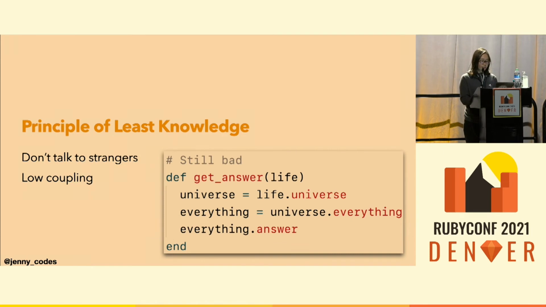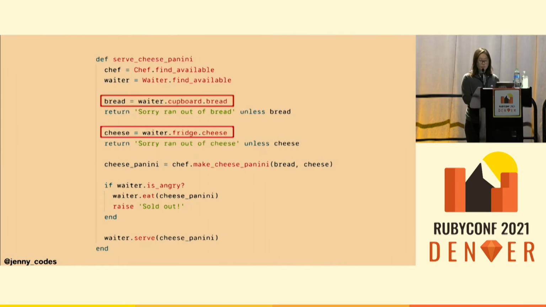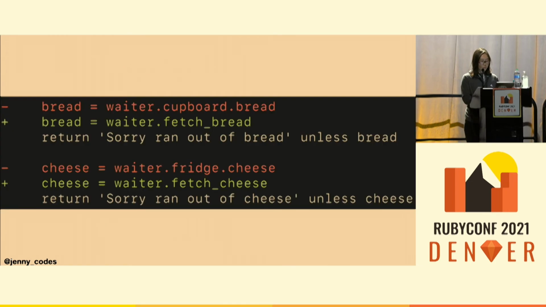And breaking them into lines won't make them better. Back to our cheese method. There are 2 places where this code violates the principle of least knowledge. So we shouldn't know how the waiter gets the cheese and bread. We just need to know that they get them. So we'll encapsulate those methods into the waiter class.